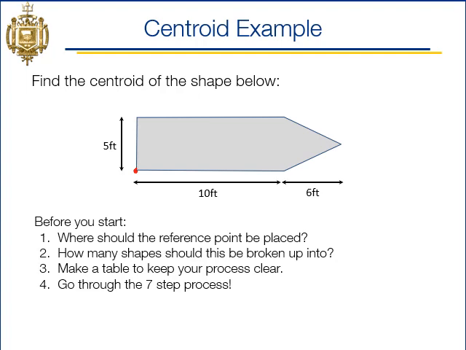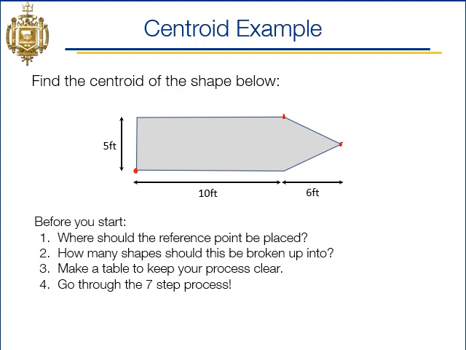You could put the reference point over here if you want, or you could put it up here if you want. I mean, you could put it anywhere as long as you pick one point and you don't move it throughout the entire process. Question 2, how many shapes should you break this up into? 1 or 2 or 3 or 4? That's up to you. 3, make your table, help you keep the process smooth and clear.